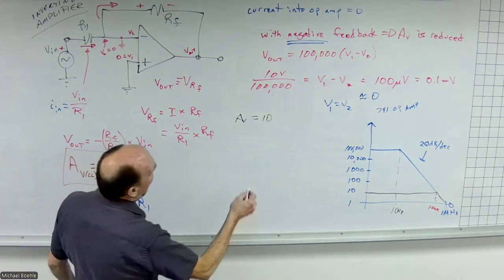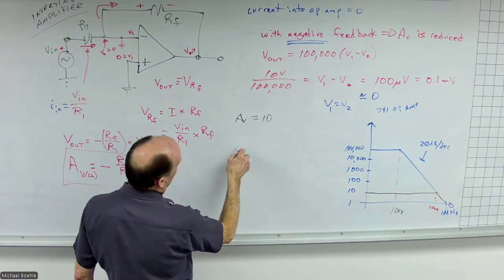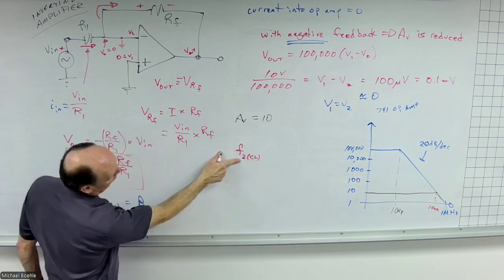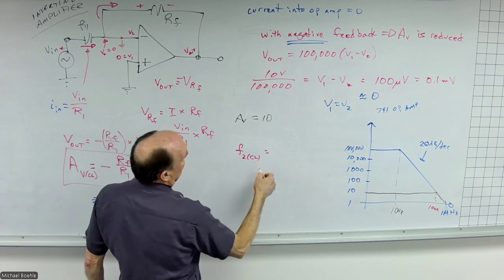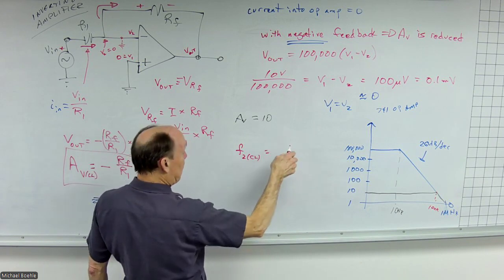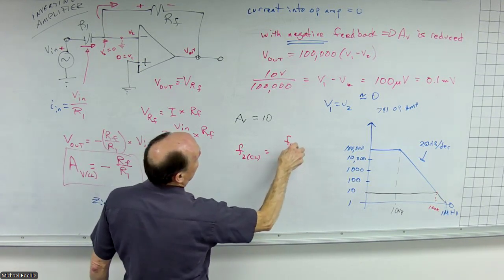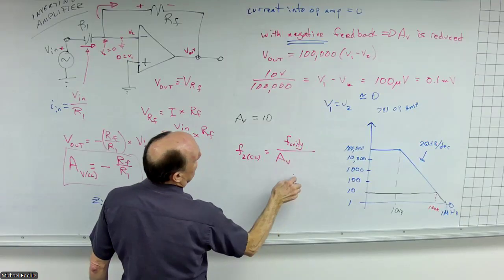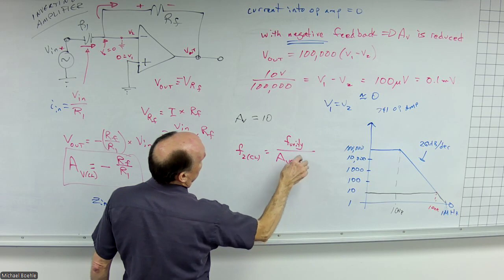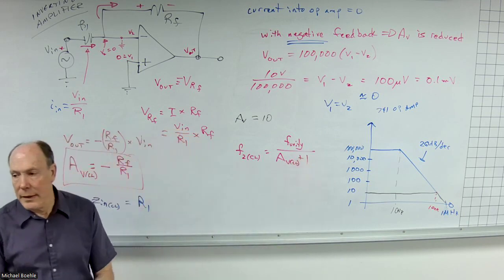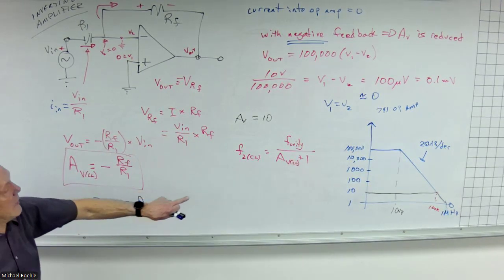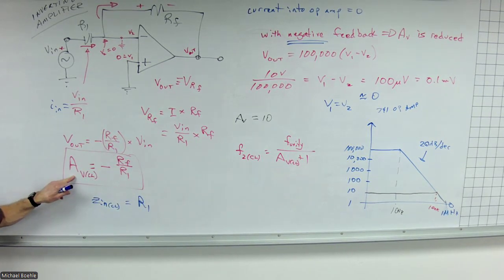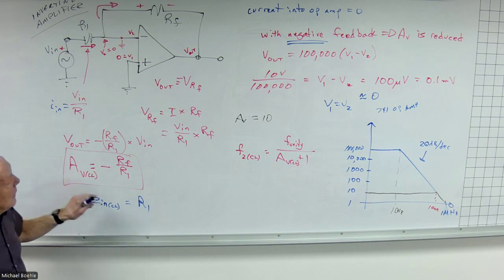So the actual formula that he provides us is that the closed loop upper cutoff frequency will basically be the unity gain frequency divided by the closed loop voltage gain plus 1. Now this is the magnitude of it. So even though the voltage gain itself is negative, it has magnitude.